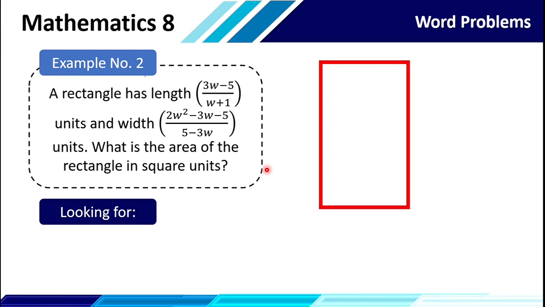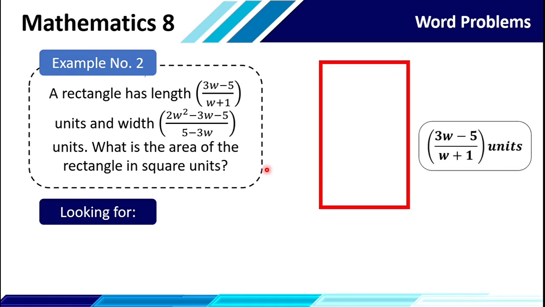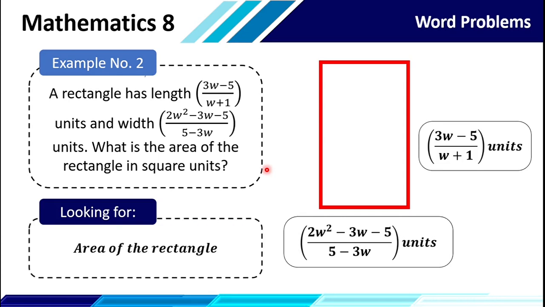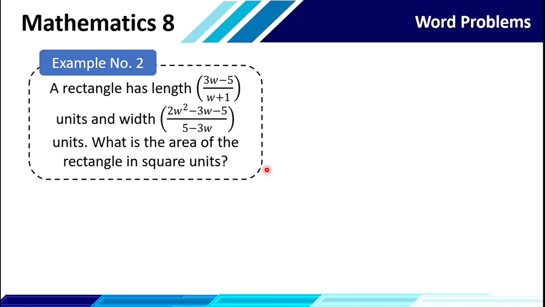We have here a rectangle with a length of 3w minus 5 over w plus 1 and a width of 2w squared minus 3w minus 5 over 5 minus 3w units. We are looking for the area of the rectangle, which is the shaded region.